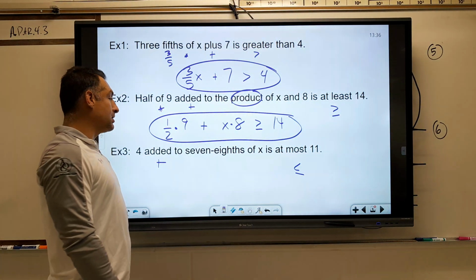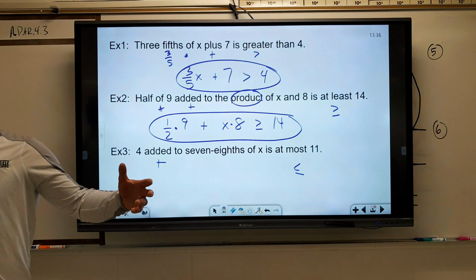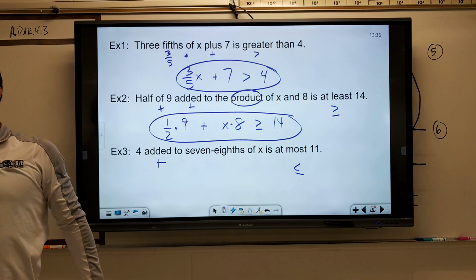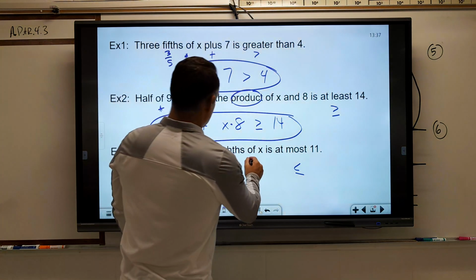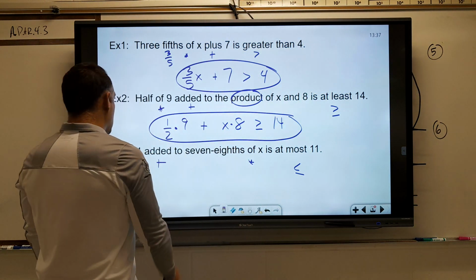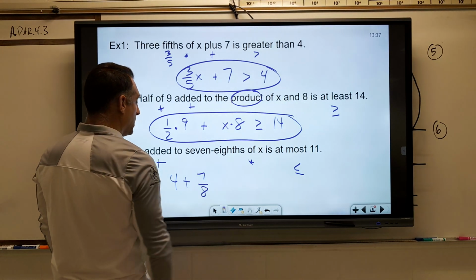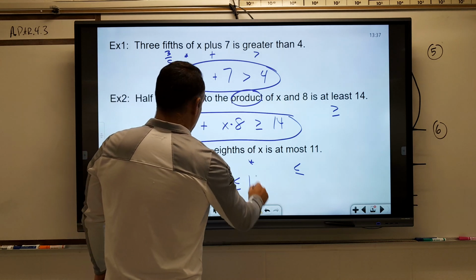Somebody else. If nobody sees it, please. Multiplication. Alright, 4 is added to 7/8 times the x, less than or equal to 11.